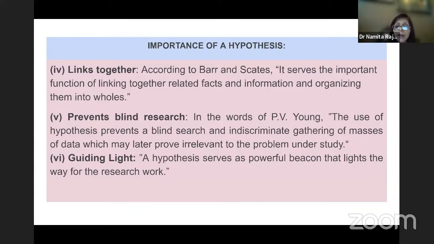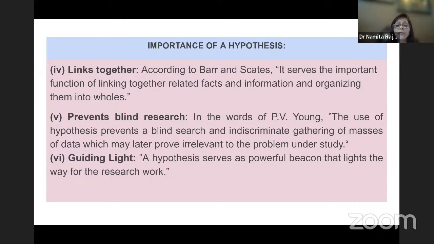It prevents blind research. So in the words of P.V. Young, the use of hypothesis prevents blind searches and indiscriminate gathering of masses of data, which may later prove irrelevant to the problem under study. So make specific statements, make specific objectives, make a specific problem, make a specific hypothesis, test it. It is going to make your work very focused.